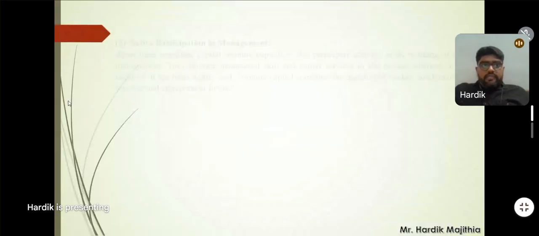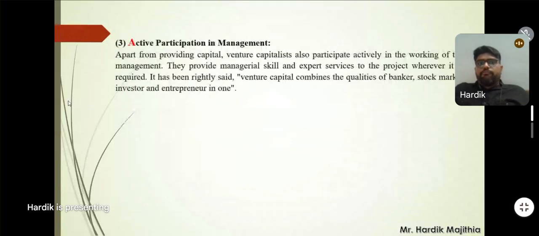Third is A. A stands for active participation in management. Now, if a venture capitalist is taking equity from the business, it means they are also an owner of the business. So, owners of the business are always actively participating in management. So, apart from providing capital, the venture capitalist also participates actively in the working of the management.